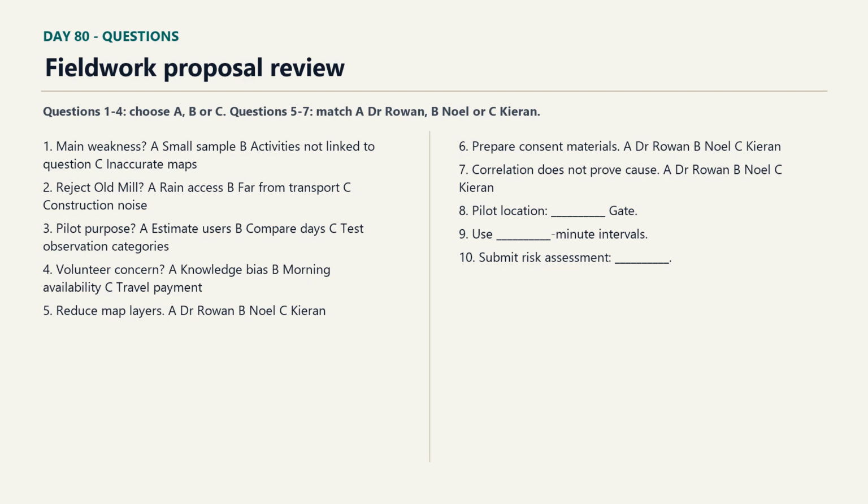Could we predict that widening a path will reduce conflict at our sites? Be careful. A relationship between width and conflict does not show that width caused the difference. Wider paths may also have better visibility, fewer commercial entrances, or different user volumes.